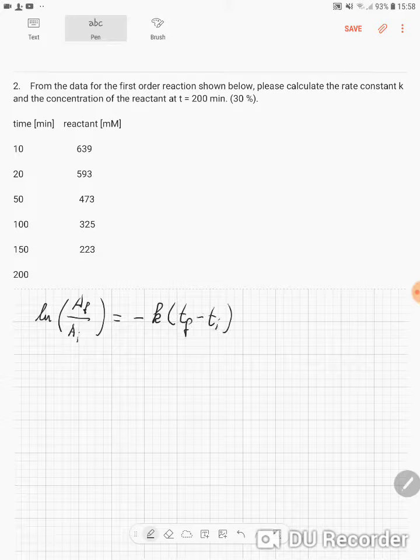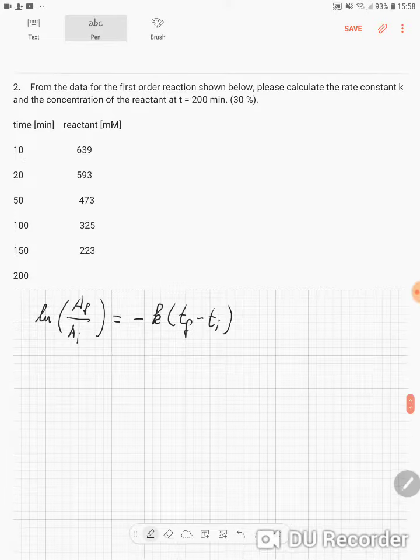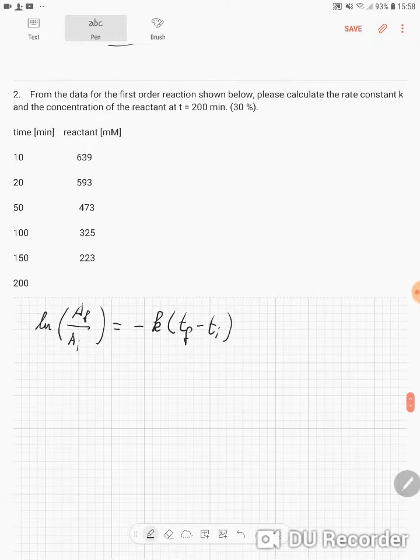What we really need to do is figure out what we use as final and initial. We can use any pair of data here, it doesn't matter. Let's say we go for A final, that is the last one that we have, 223 millimolar, and the t final, that is 150 minutes.